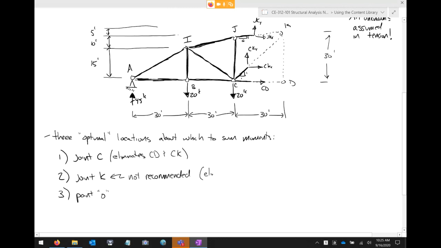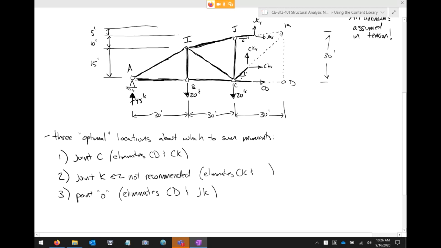The joint K option eliminates CK and JK. So I guess this one's supposed to eliminate CD and JK?